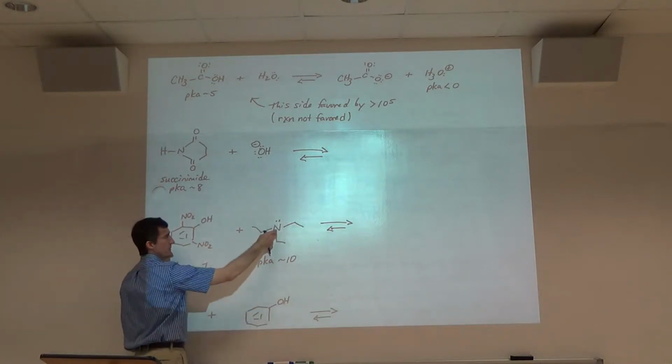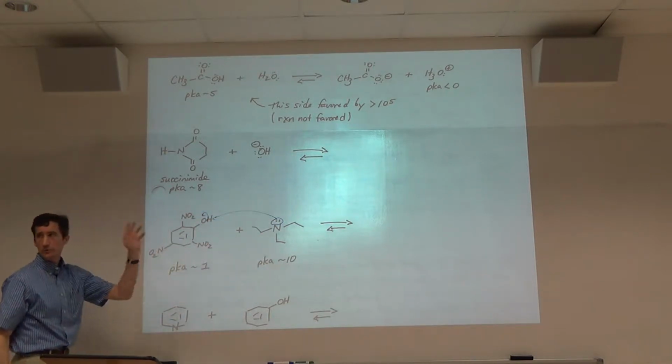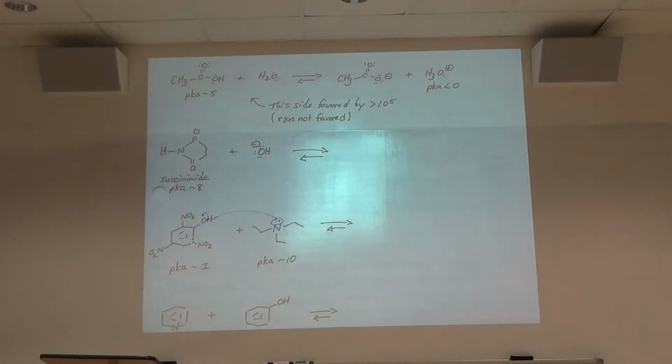Since this is the base, we know that these electrons are going to do what? Take that H, these stay behind. What do you get? So show the result. Complete Lewis structure for the resulting other side.